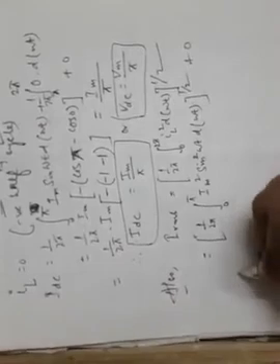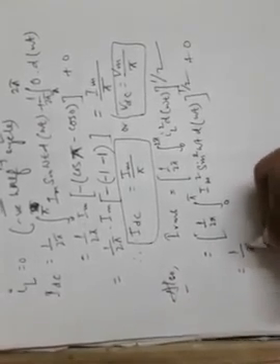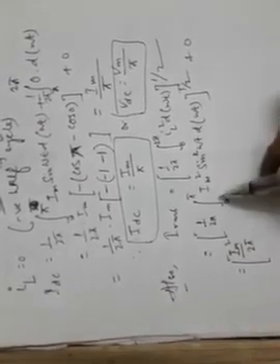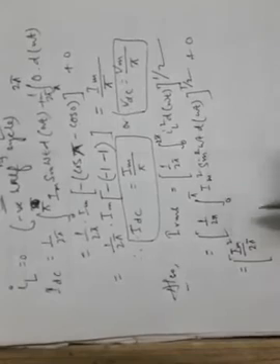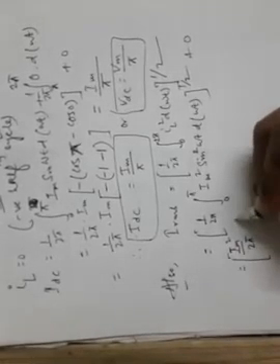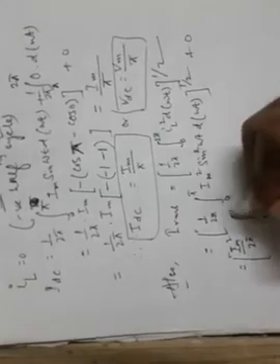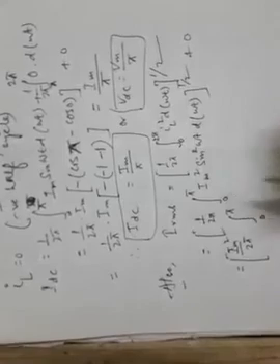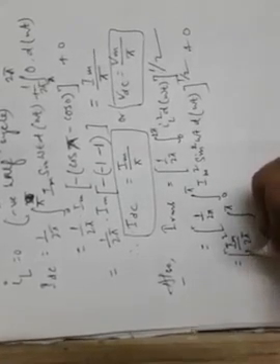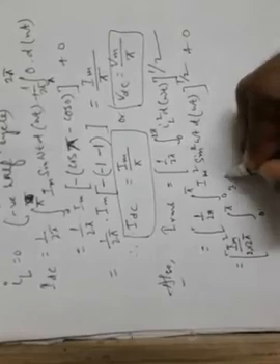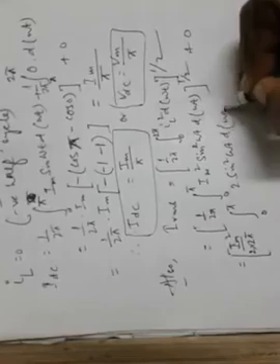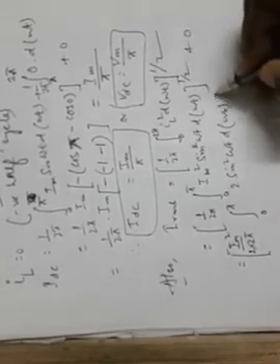So if we now calculate this, we get 1 by 2 pi, Im square by 2 pi, sine square omega t, integration 0 to pi of 2 sine square omega t, divided by 2, d omega t, whole to the power half.